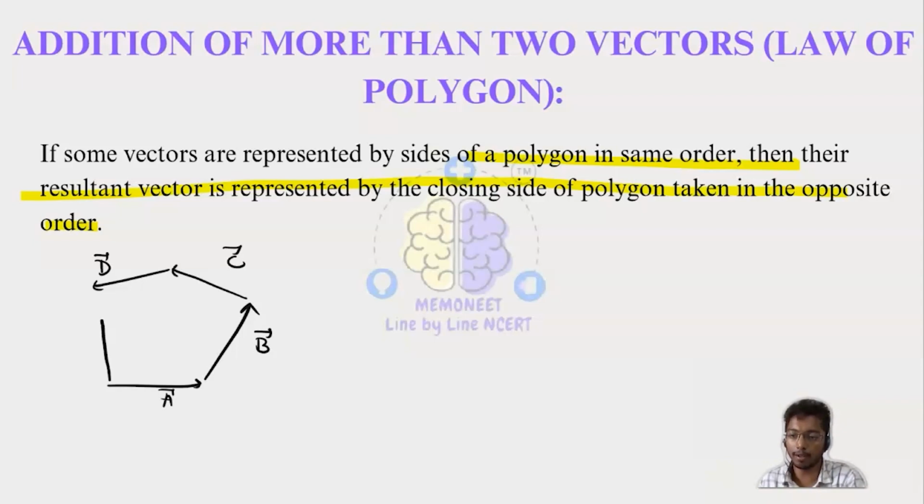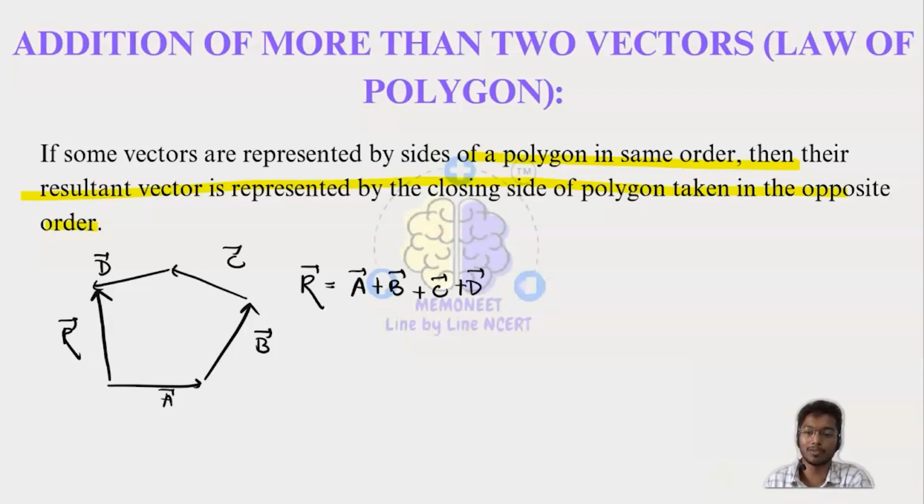The resultant will be the closing side of the polygon, in the opposite order of all those vectors. It is R. So R vector is equal to A vector plus B vector plus C vector plus D vector.